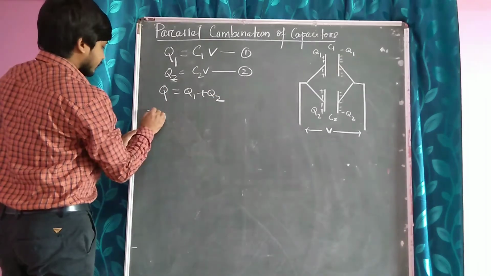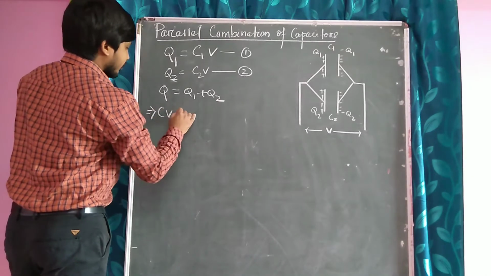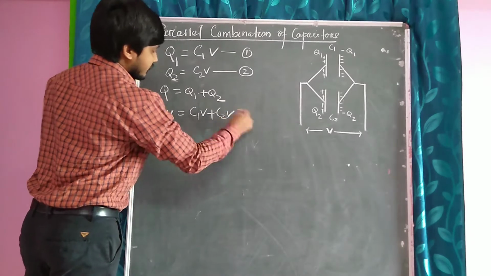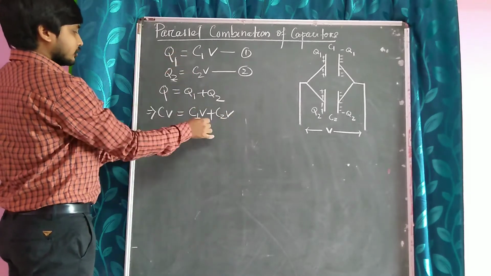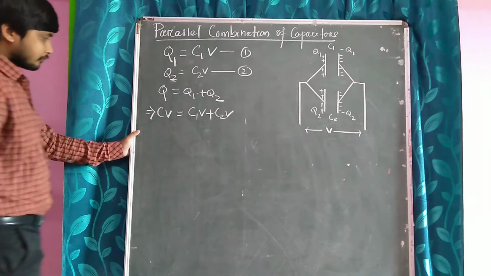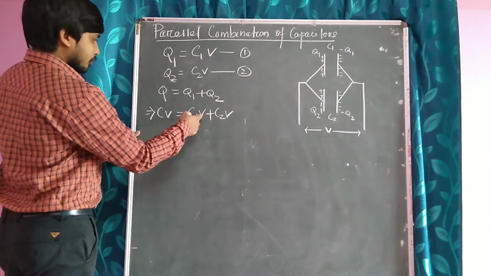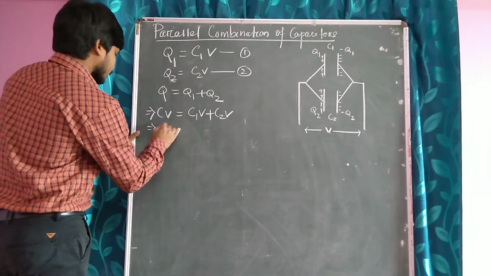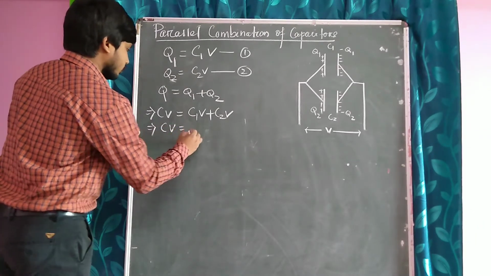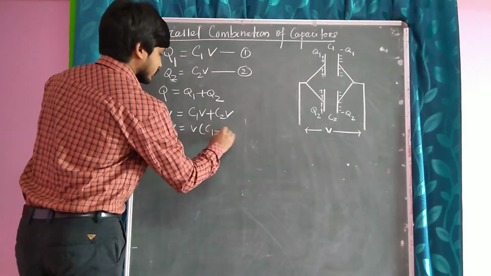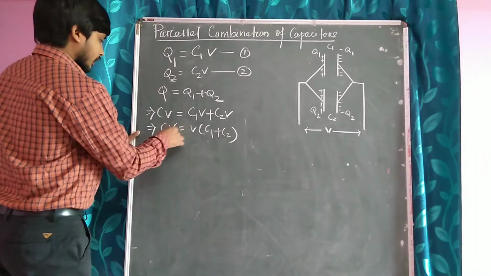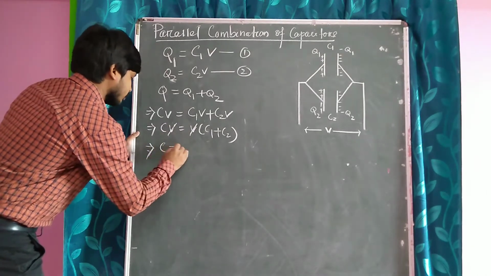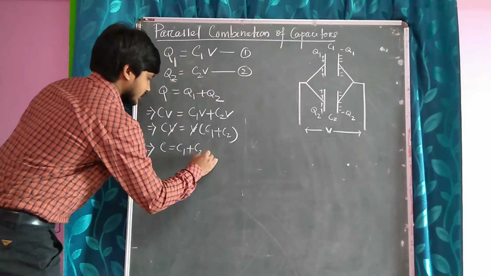So we can say that CV will be equal to C1V plus C2V, by putting the values of Q1 and Q2 in this expression. And you can see that V can be taken common. So we will get CV equal to V whole into C1 plus C2. And V will be cancelled, and for the equivalent capacitance C you will get C1 plus C2.